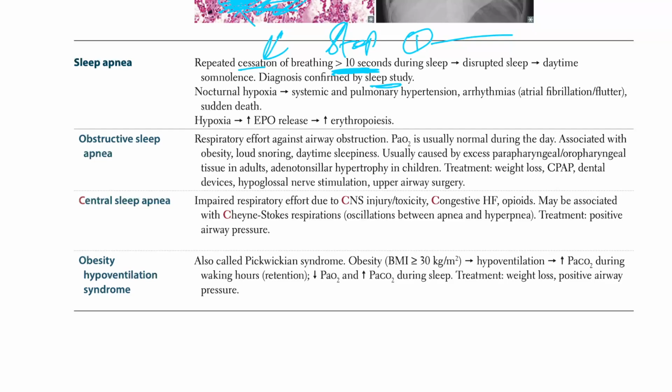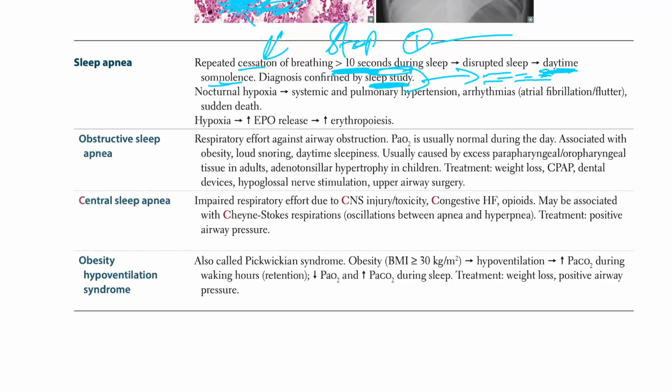And that would for sure cause daytime somnolence. Although you were sleeping, your brain wasn't really sleeping, so you would have daytime somnolence. And what do you do? You go for a sleep study, in which they put electrodes on your head to see how many times, with that cessation, your brain is going to wake up.